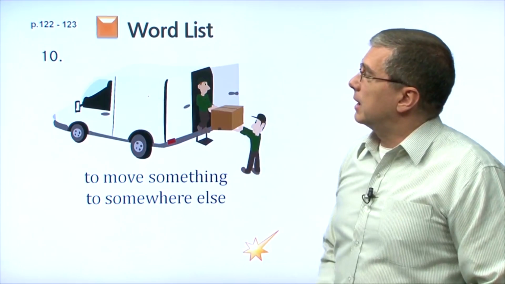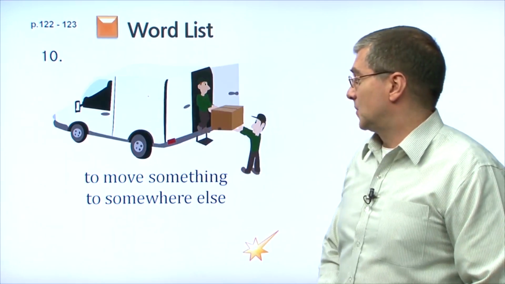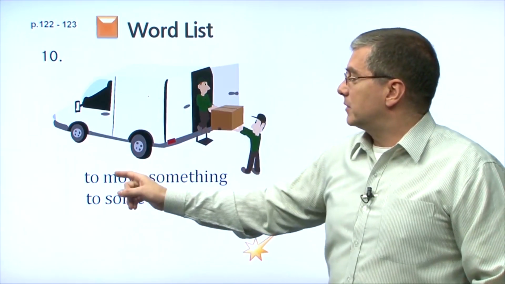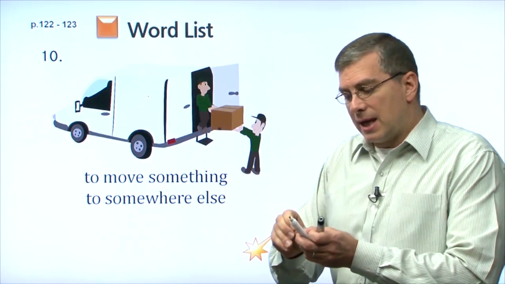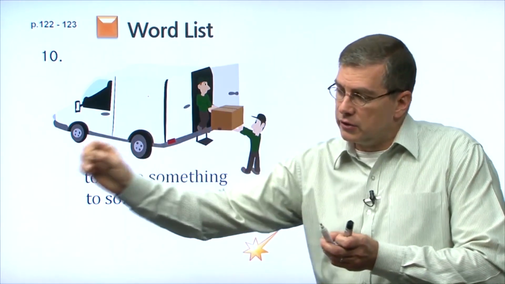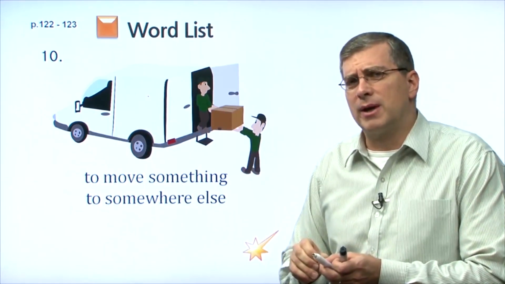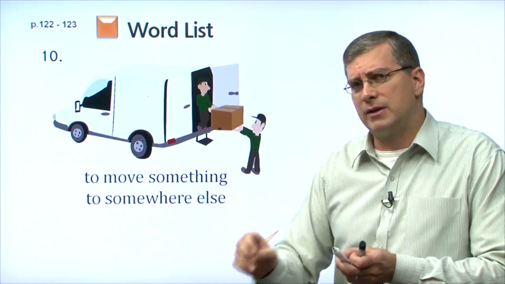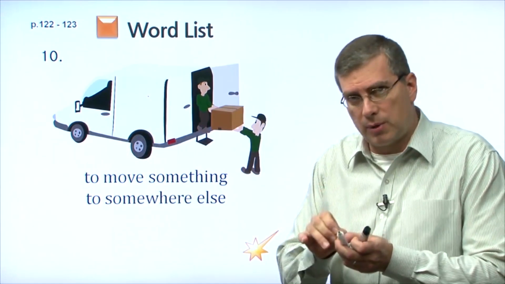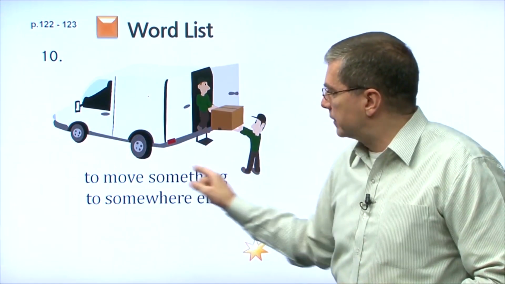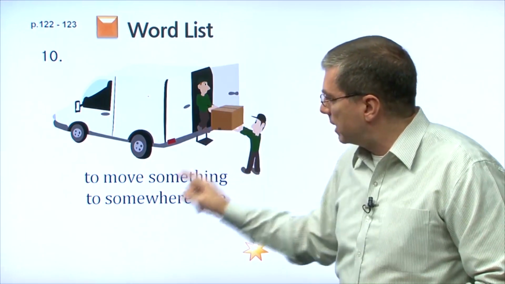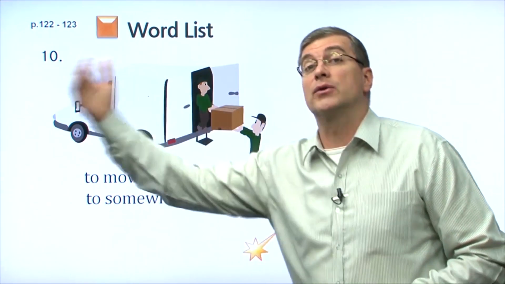Now, let's take a look at word number 10. Sometimes we want to make electricity go from one place to another. So what verb can we use to describe that motion? Going from one place to another. To move something to somewhere else.